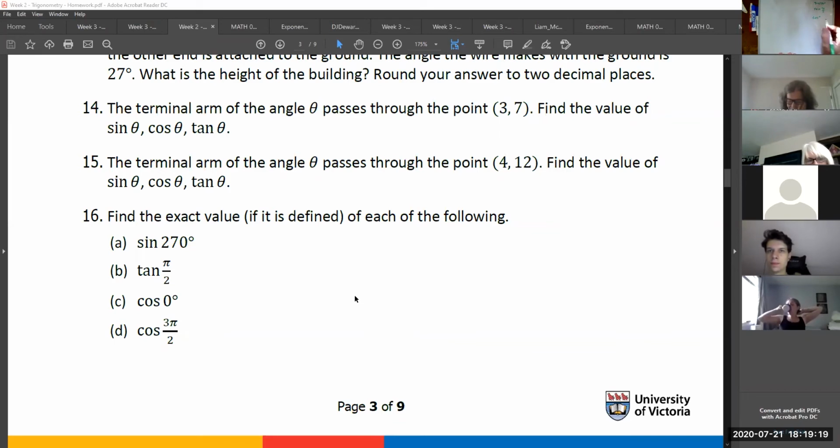Sine of 270 degrees. We want the tan of pi over 2. We want to look at the cosine of 0. And then we want to look at the cosine of 3 pi over 2.